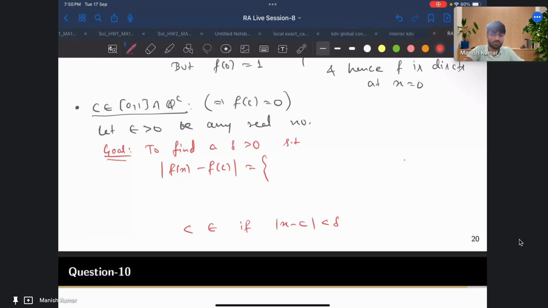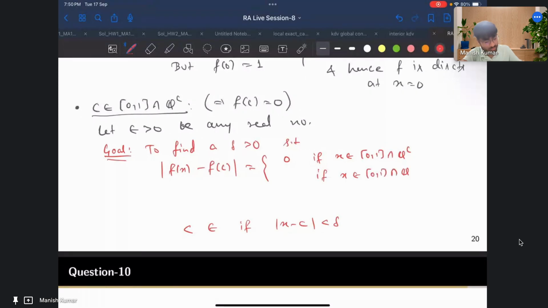Because f of x is also 0. So this difference is going to be 0 if x belongs to (0,1) intersection Q complement.